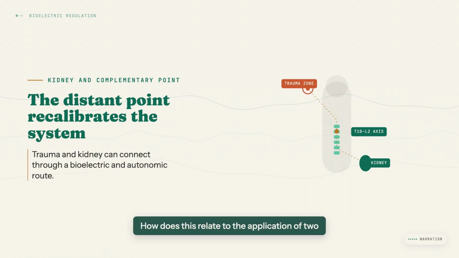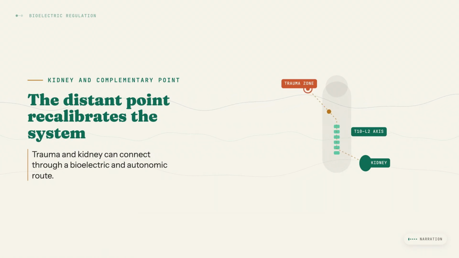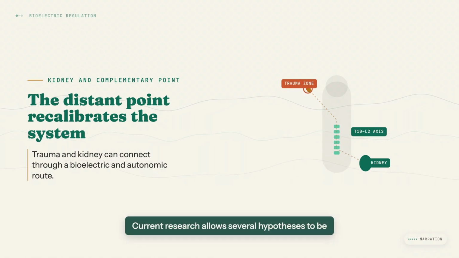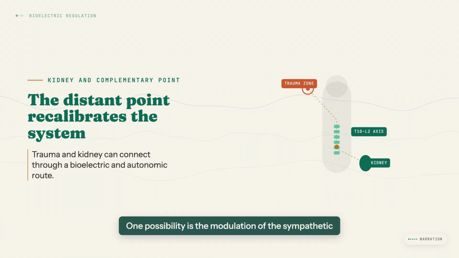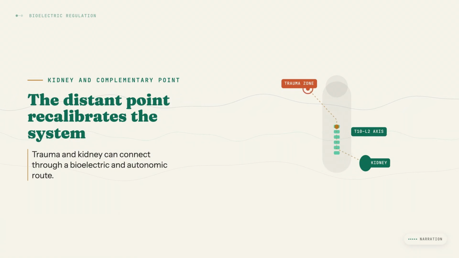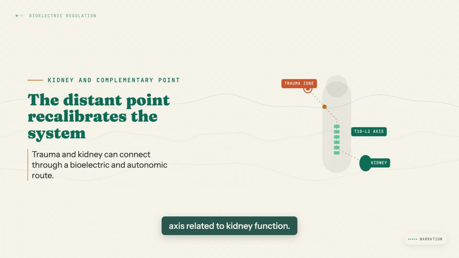How does this relate to the application of two magnets? Current research allows several hypotheses to be formulated and requires that they be presented as such, while a definitive experimental answer is obtained. One possibility is the modulation of the sympathetic axis related to kidney function.